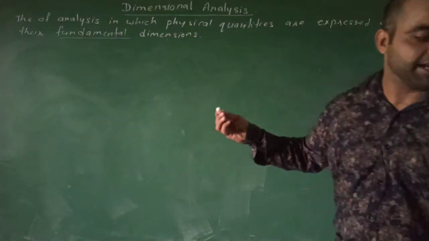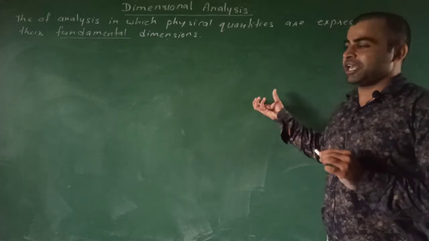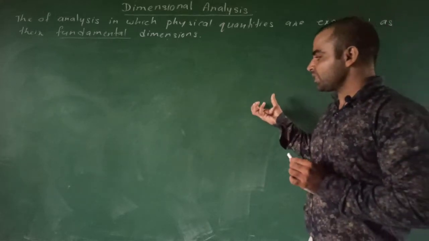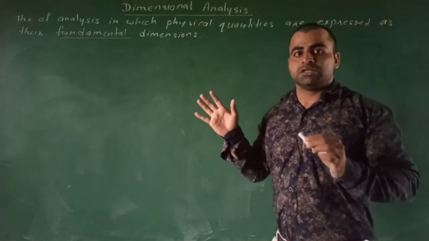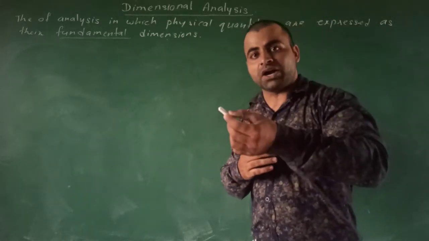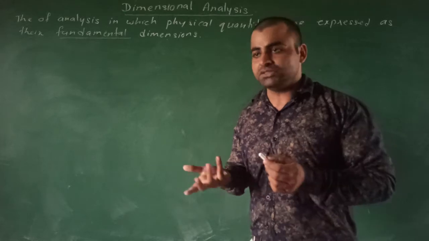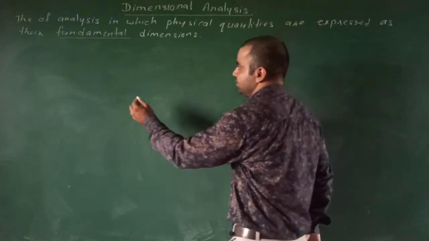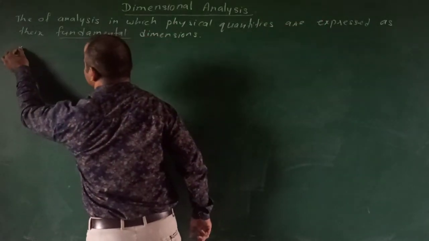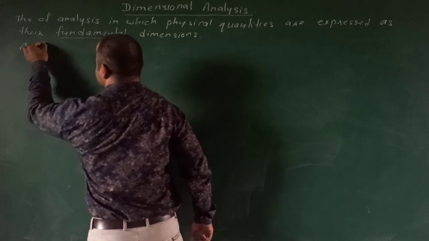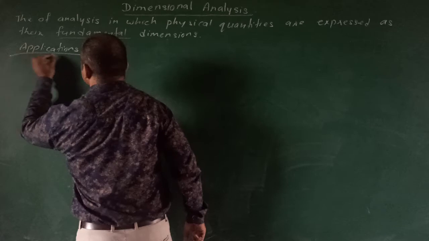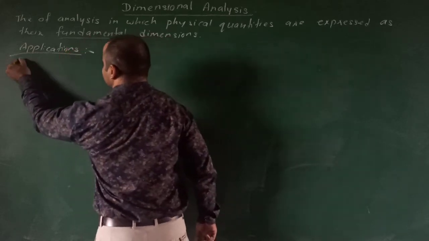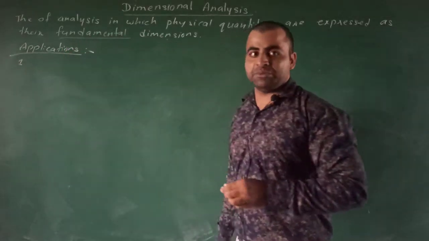Here we have seen that we have found the dimensions with the help of a formula. So formula can also be found out with the help of dimensions. It means applications of dimensions. Number 1, any formula can be derived.